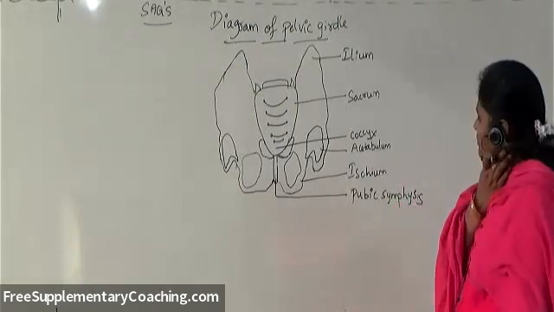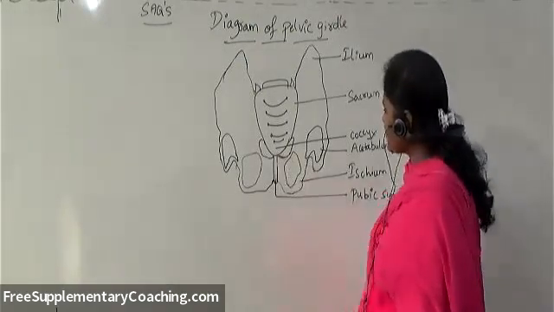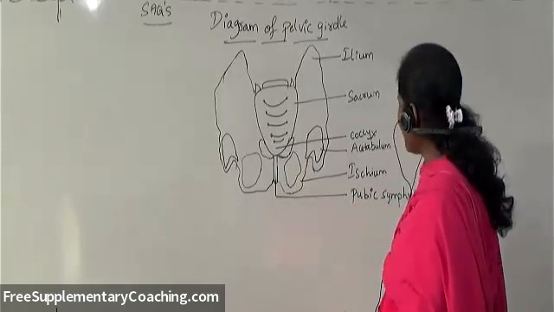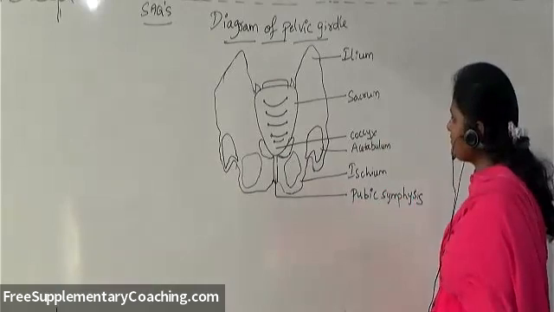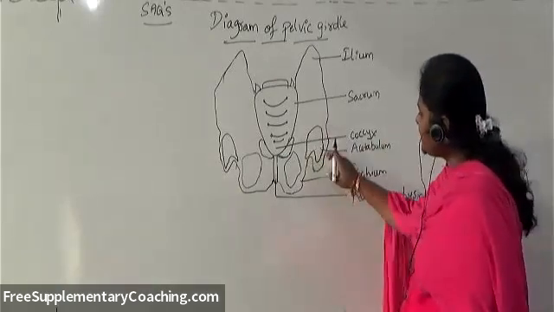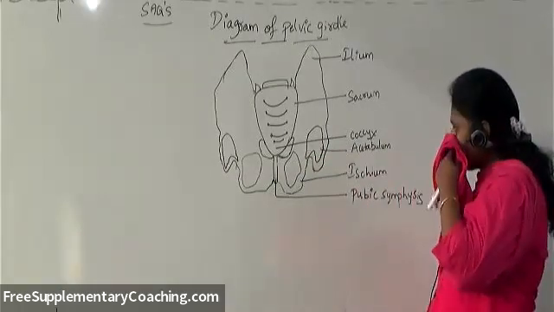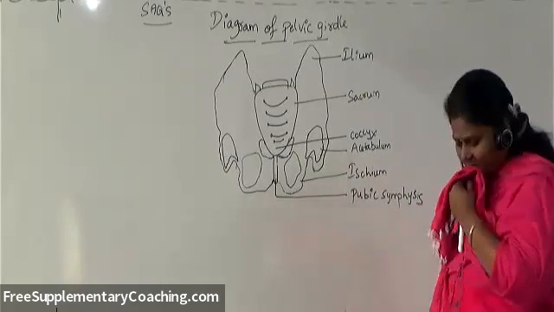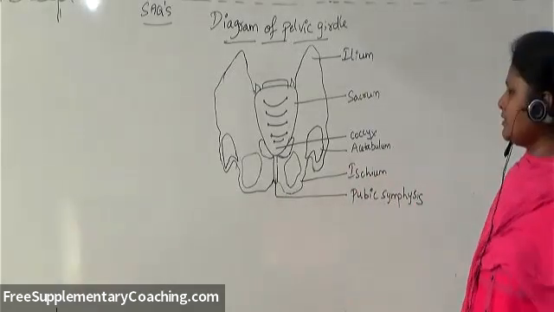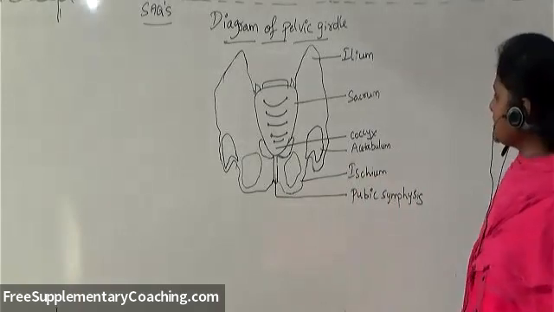So the two coxal bones along with the sacrum ending up with coccyx together form the pubic symphysis, and here you can show a cavity which is called acetabulum. This acetabulum forms a cavity whenever it forms a joint with the femur, that is the thigh bone.